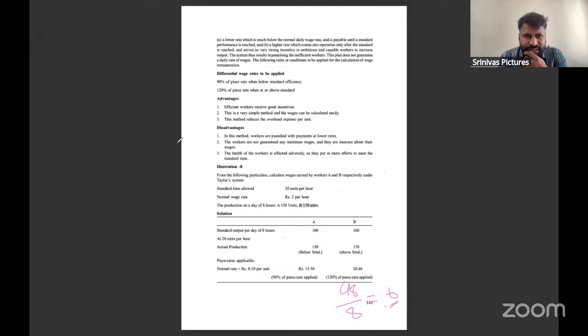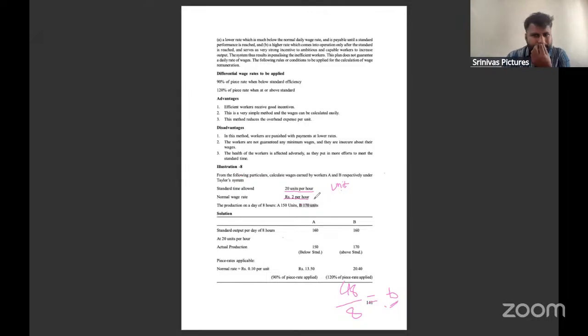See, here, how many units per hour? 20 units per hour. Normal rate per hour is how much? 2 rupees per hour. So per hour, we can also calculate the labor cost unit-wise. 20 units per hour, we are paying 2 rupees per hour.